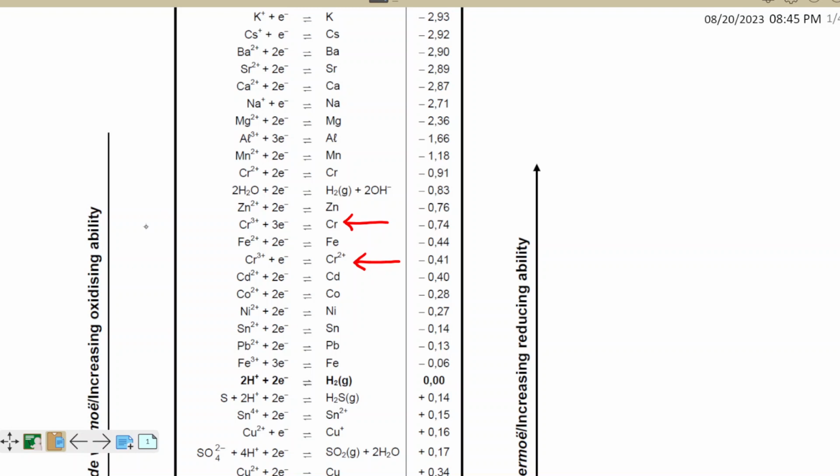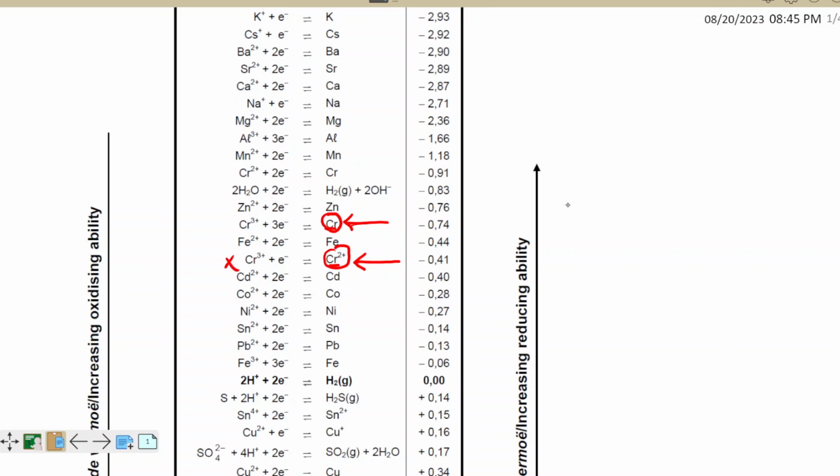Now there are 2 half reactions of chromium. There is this one and there is that one. Unfortunately, we are not looking at this one. We are looking at the one with the chromium in solid form that donates 3 electrons and is oxidized to become Cr3+. So we are looking at this one and not at that one.